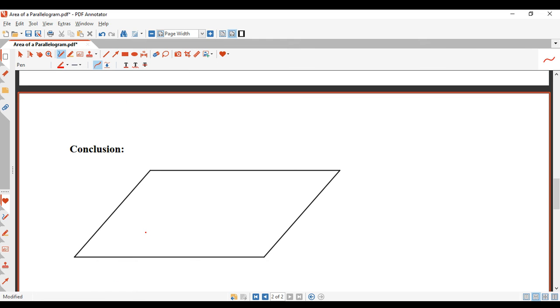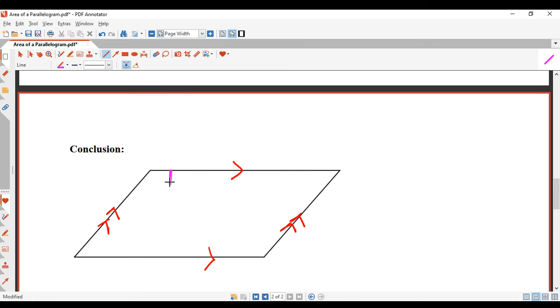So here's our conclusion. We've got a parallelogram. Let's put the parallel symbols on it. Let's put in the height of the parallelogram.